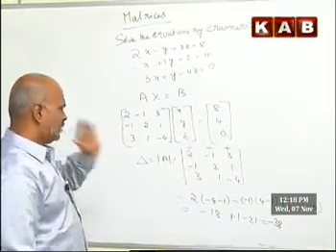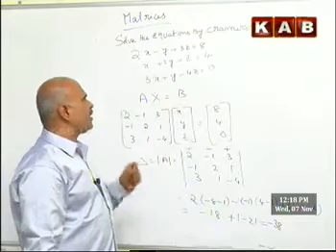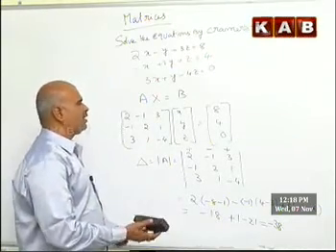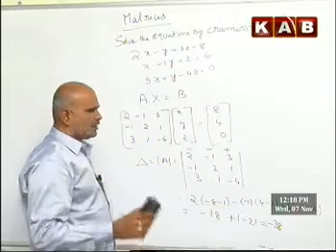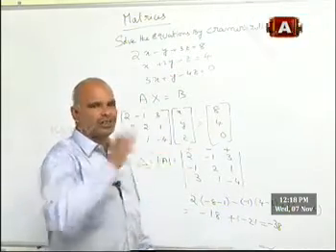I got it. Now I would like to write the delta 1. We have to calculate the delta 1 part. The delta 1 is obtained by replacing the first column with constants.